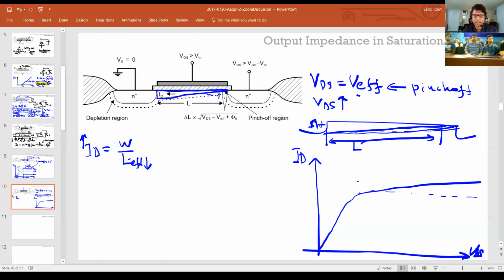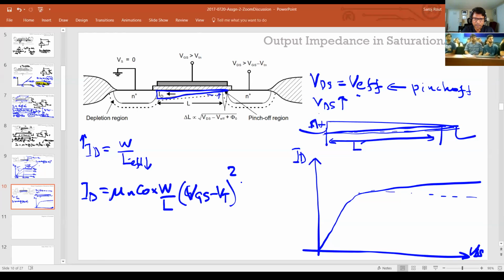So now the equation for this, with the increase, is the same mu n C ox W over L times VGS minus VT squared. But now you get another term, which is 1 plus lambda times VDS minus V effective. Essentially, this term gives you the slope of this curve here. And this is nothing but a certain R, right?